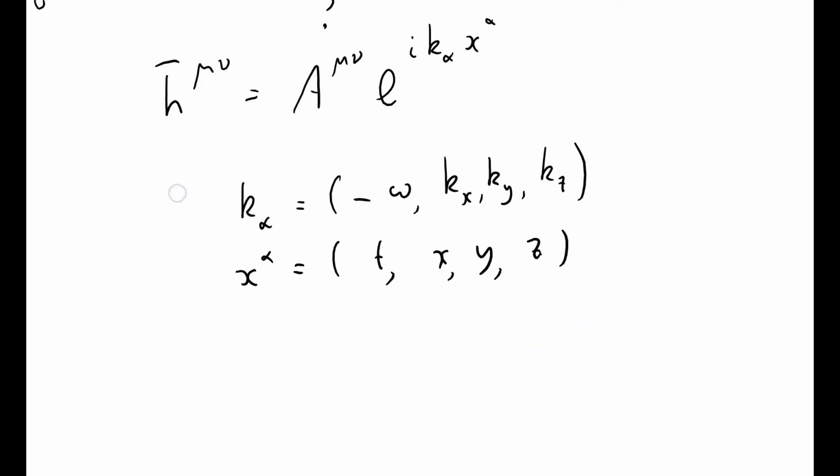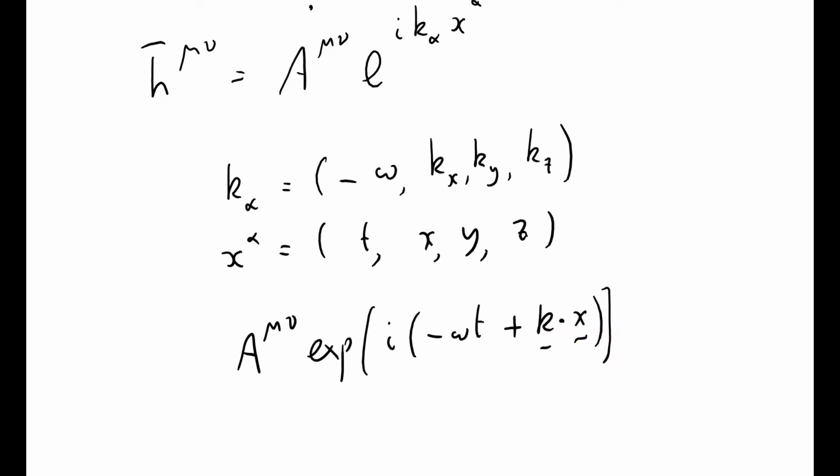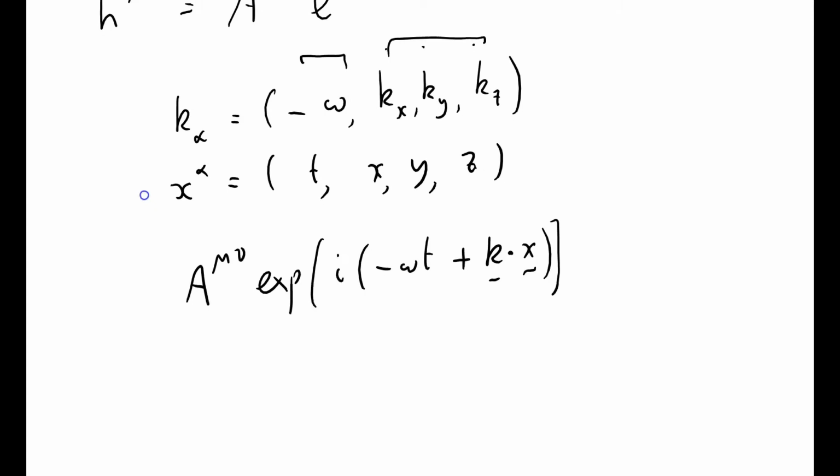So it's pretty plain that what we've got is A mu nu times the exponential of I times minus omega t plus k dot x. Just observe in passing how this 4-vector has this very nice decomposition into a time component and 3 space components, and it's just another indication of the power of special relativity to bring these two apparently unrelated things together into this nice equation here.